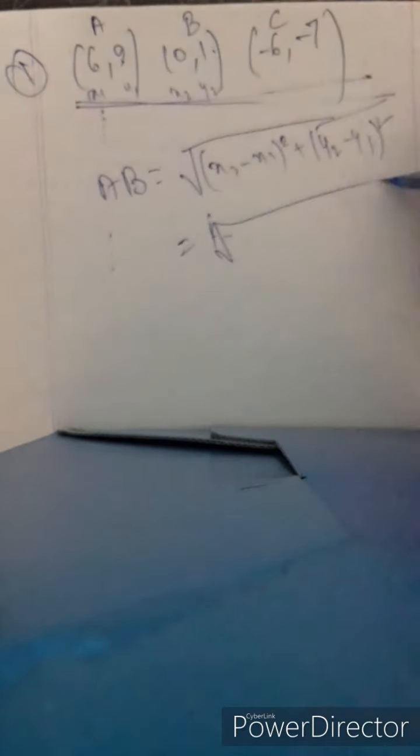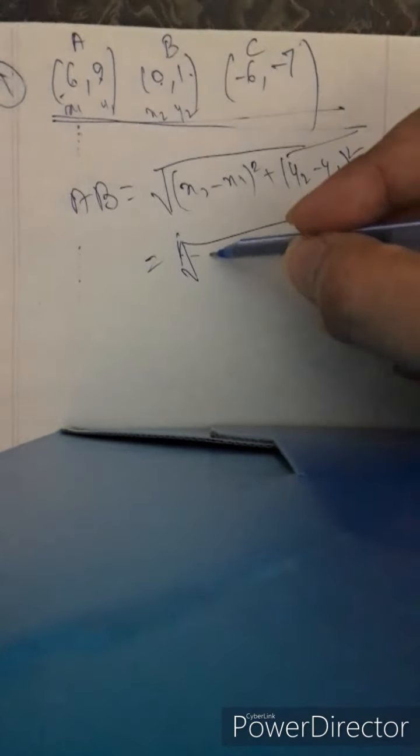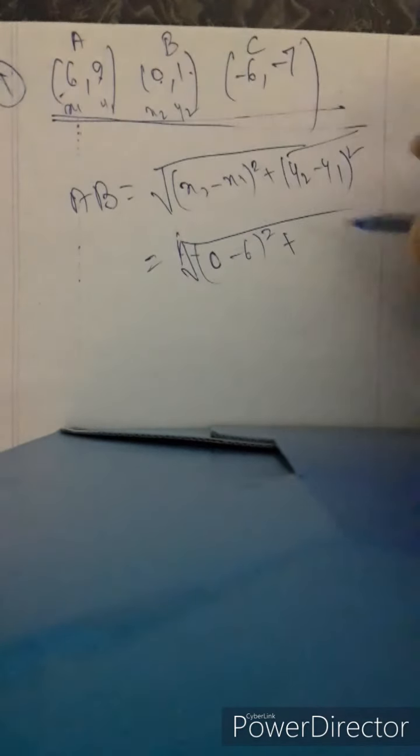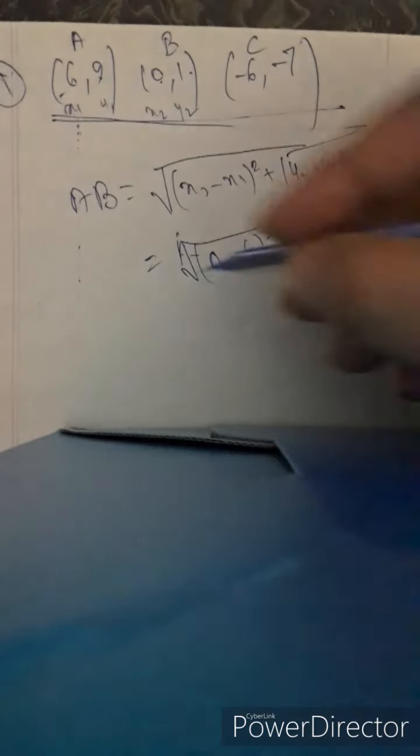Alright, so it becomes, sorry, it is a bit blurred today, I hope you are able to see. x2 minus x1 becomes 0 minus 6 whole square plus y2 minus y1 becomes 1 minus 9 whole square.